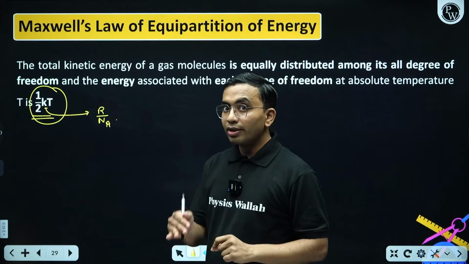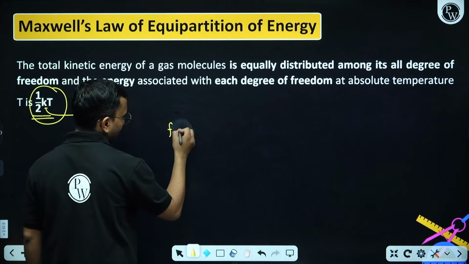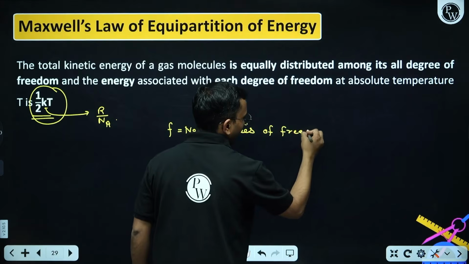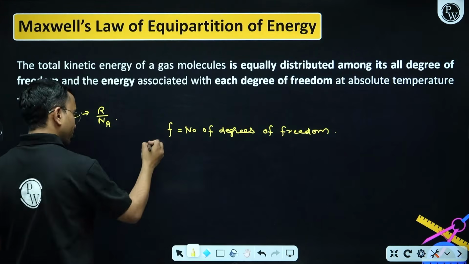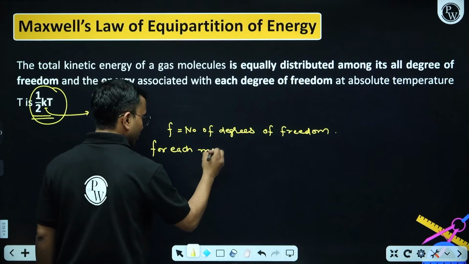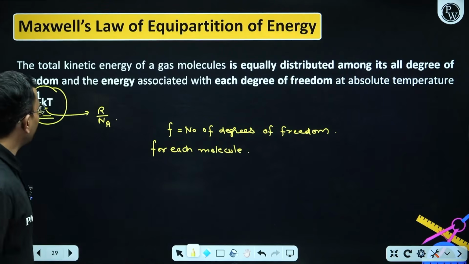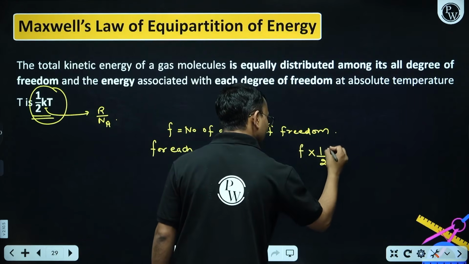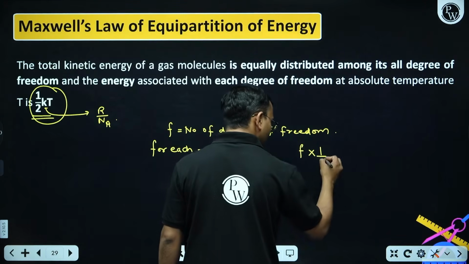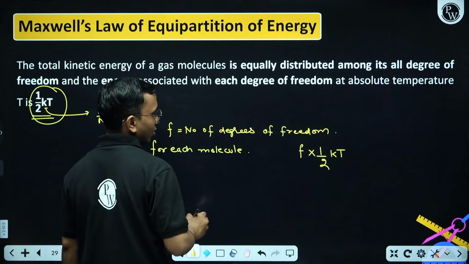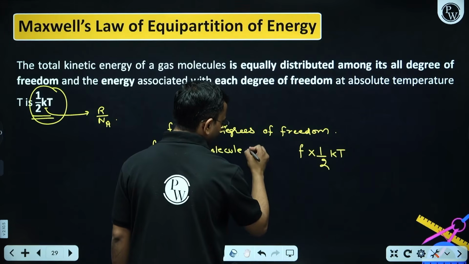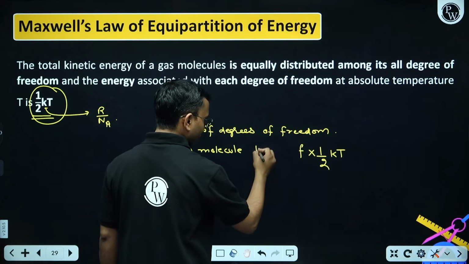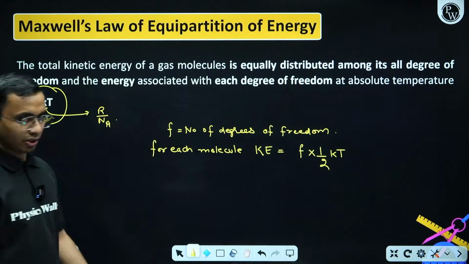Now if F is the number of degrees of freedom of a gas, then for each molecule the kinetic energy associated will be F into half K into T, that is F by 2 into K into T. This is for each molecule.